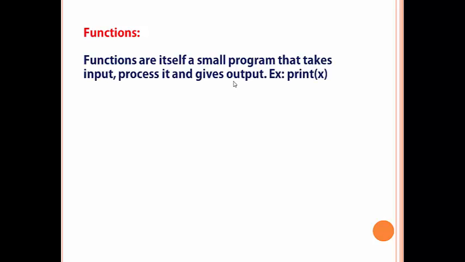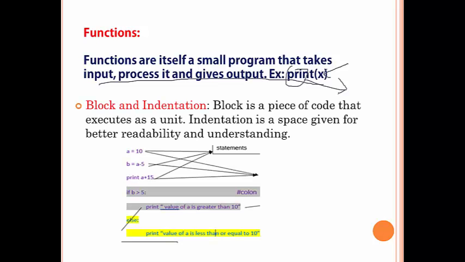Functions are small programs that take input, process it, and give output. For example, print x. It's taking the value in x, processing it and giving you output, whatever the value is there.